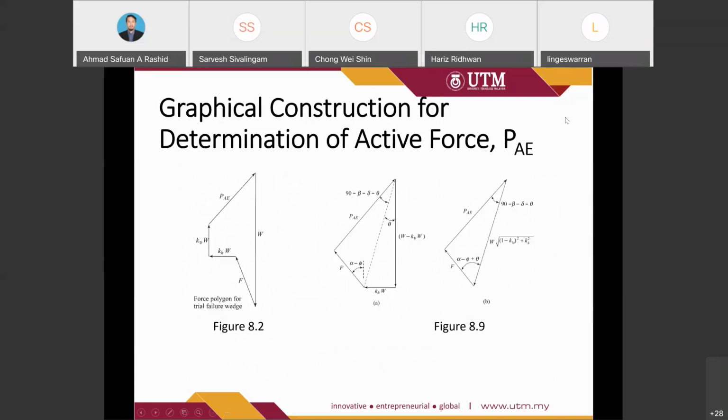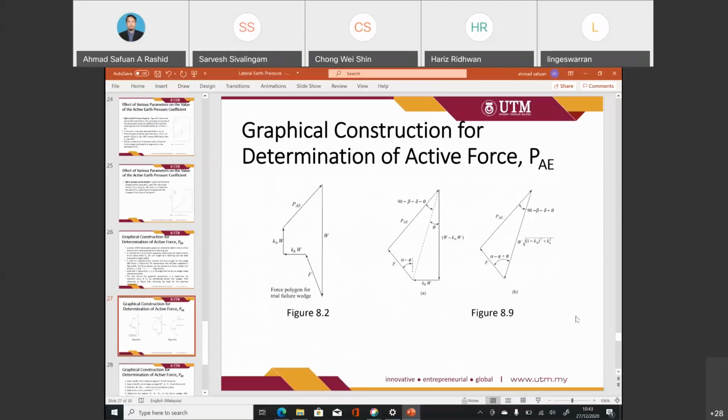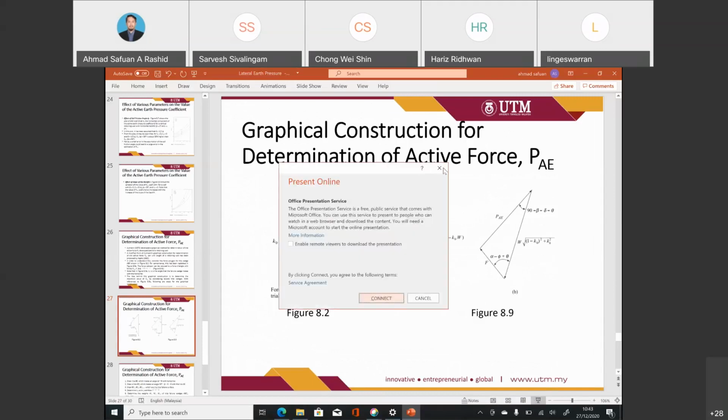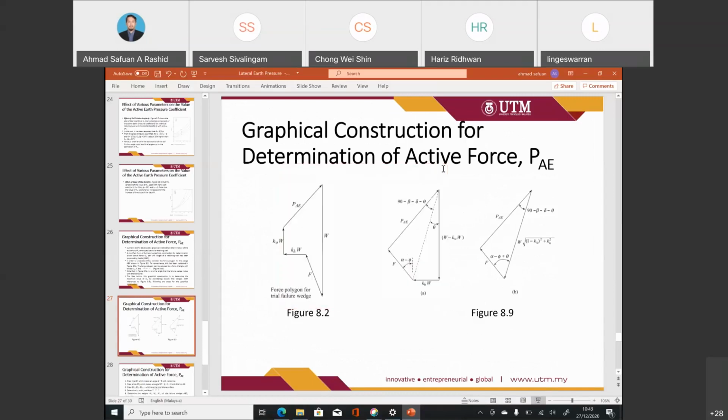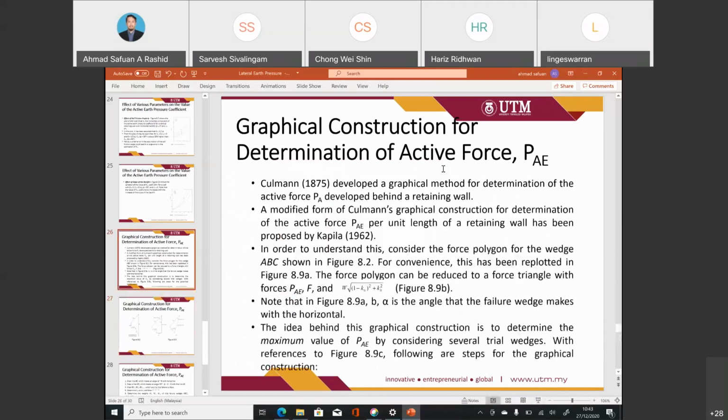So this is an example from what we have discussed previously, from the polygon force. Note that in figure 8.9a, alpha is the angle that the failure wedge makes with the horizontal.